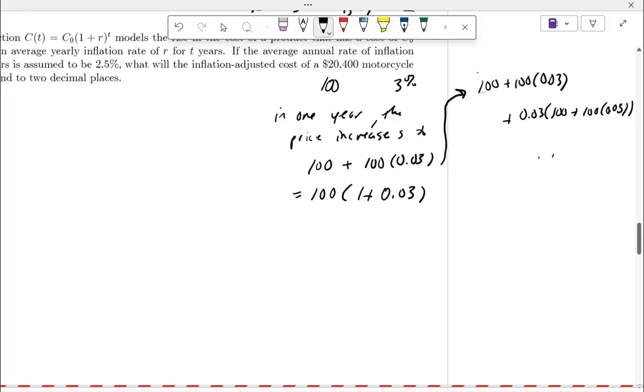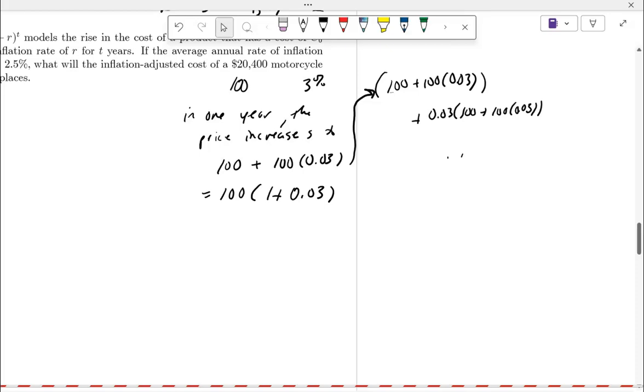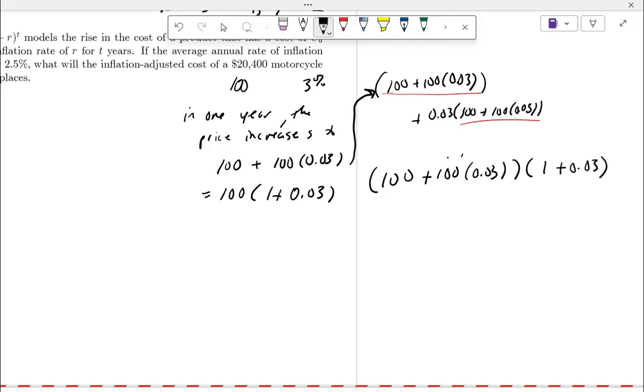That's okay. All right. Let's treat that thing as a whole block. Notice I see this whole block and the exact same thing here. It's like factoring by grouping. If I factor out that whole block, I'm left with a 1 there and a 0.03 there.